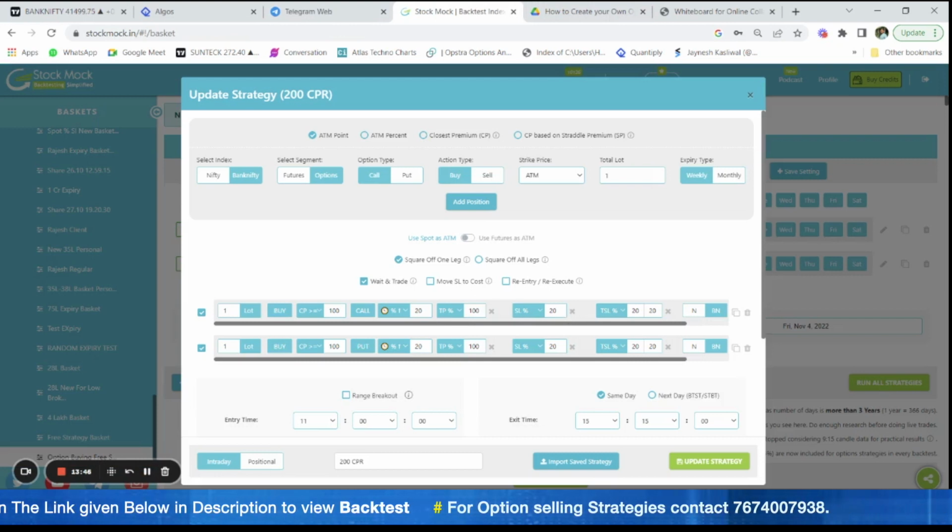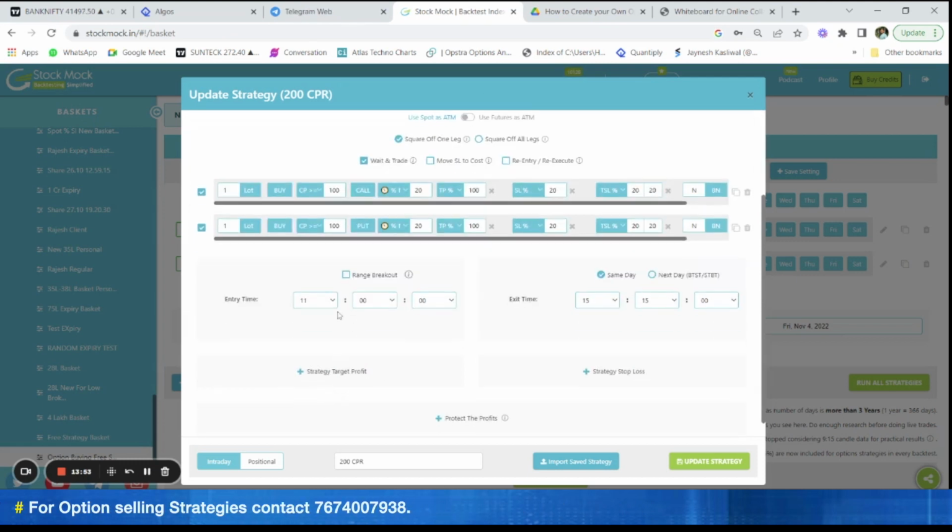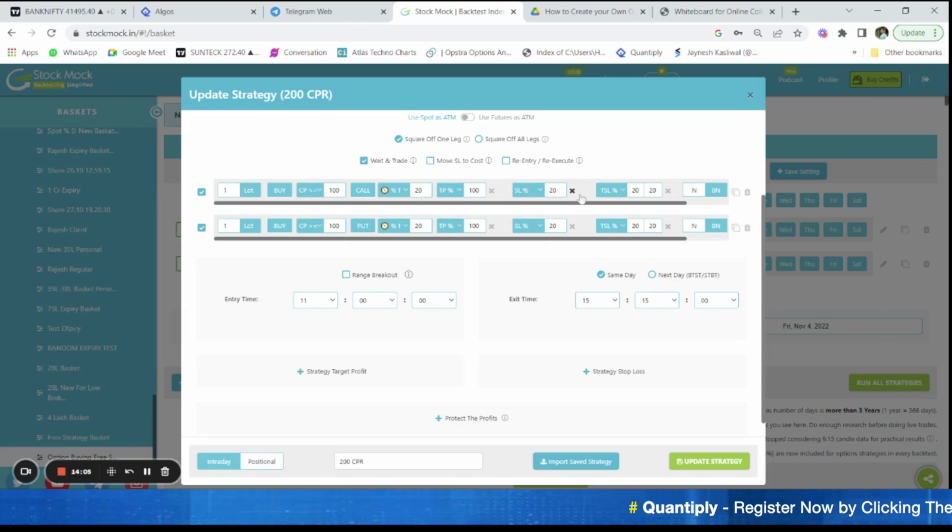The stop loss is similar, 20%, and we have even changed the trailing stop losses from 10/5 to 20/20. Now this system we are starting at 11 a.m. and running it till 3:15 p.m. This is basically a similar system, but we have changed the timing, added the target and changed the stop losses.